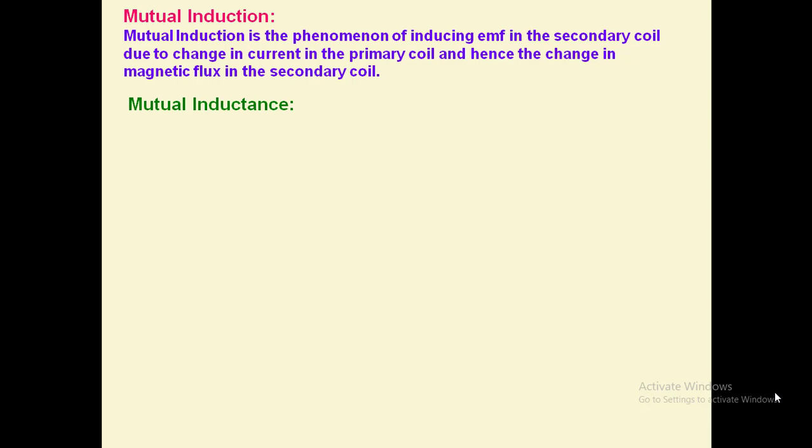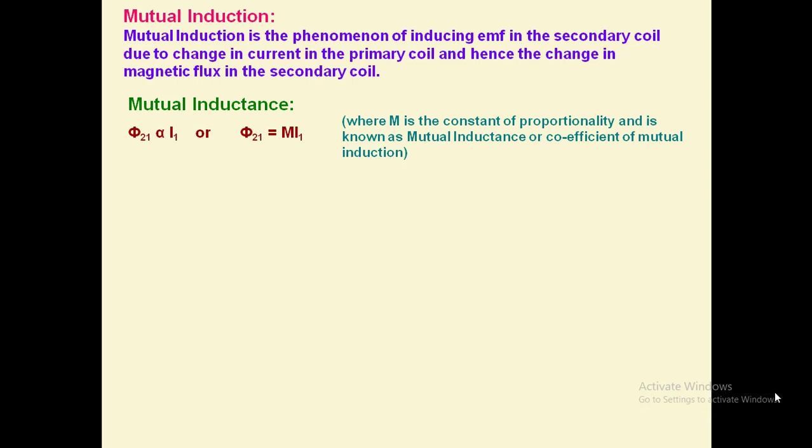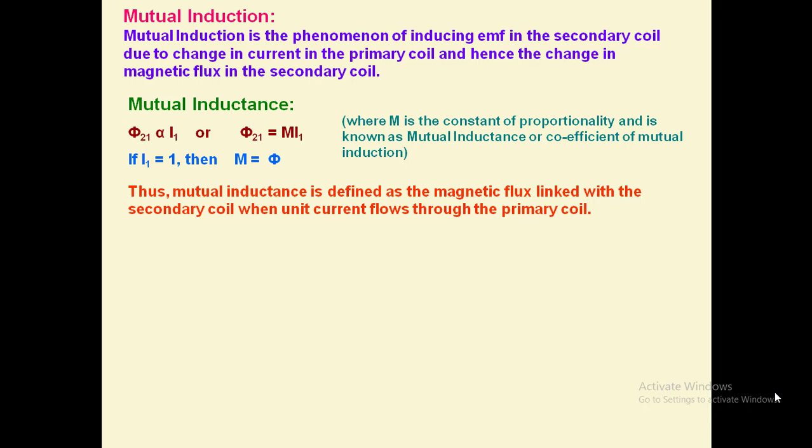Mutual inductance. Now, as we know that the flux is directly proportional to current, which we have learned in induction, flux is equal to M into I. Now here you can see that phi 21 is nothing but the flux linked in the secondary coil with respect to the primary coil.